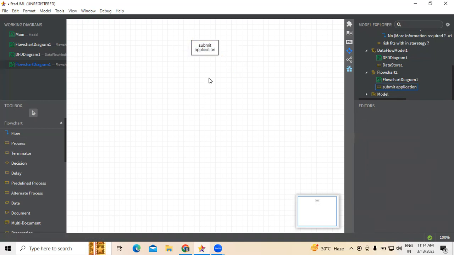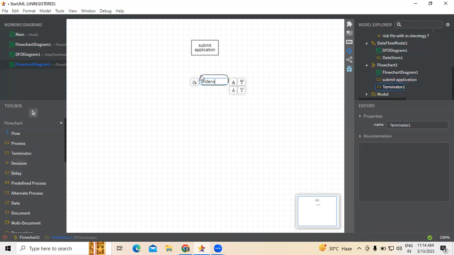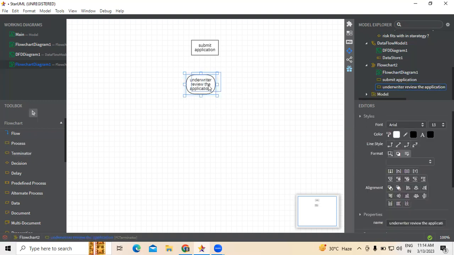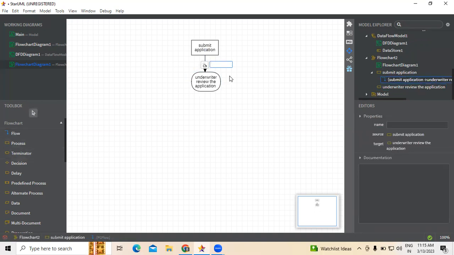Whenever the application is submitted, the underwriter has to review the application.